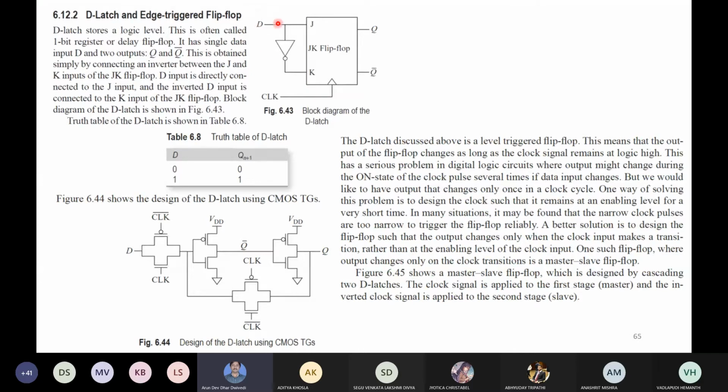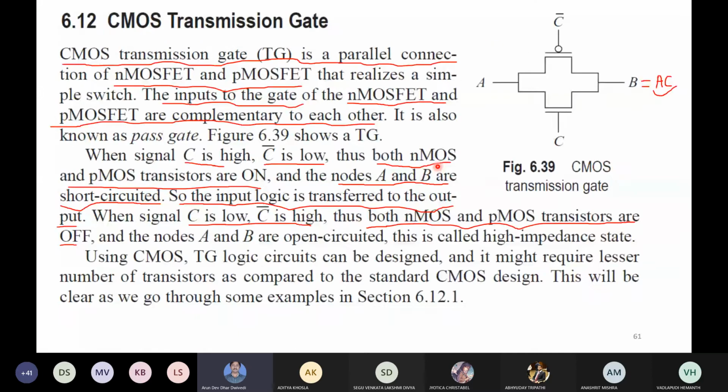So this is passing when the clock is present, and it is not passing when the clock is zero. So that type of design is possible.